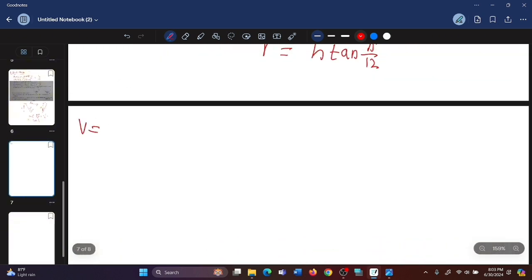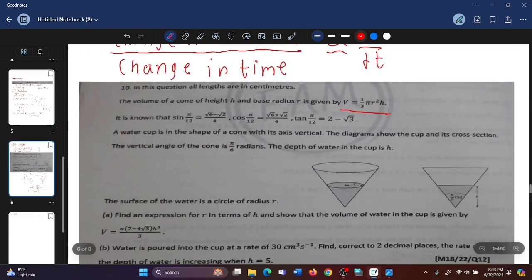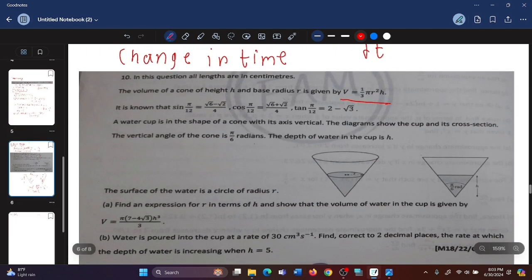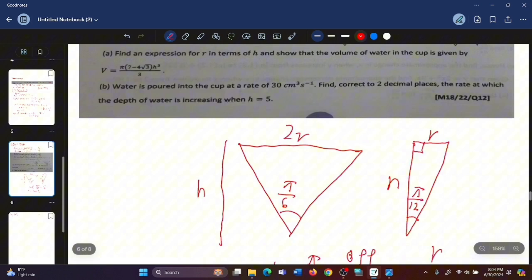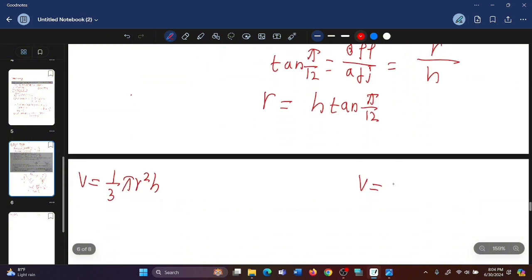V is equal to 1 by 3 pi r squared h. This is the volume of the cone, and we are told to find V equals pi times 7 minus 4 root 3, h cubed by 3.